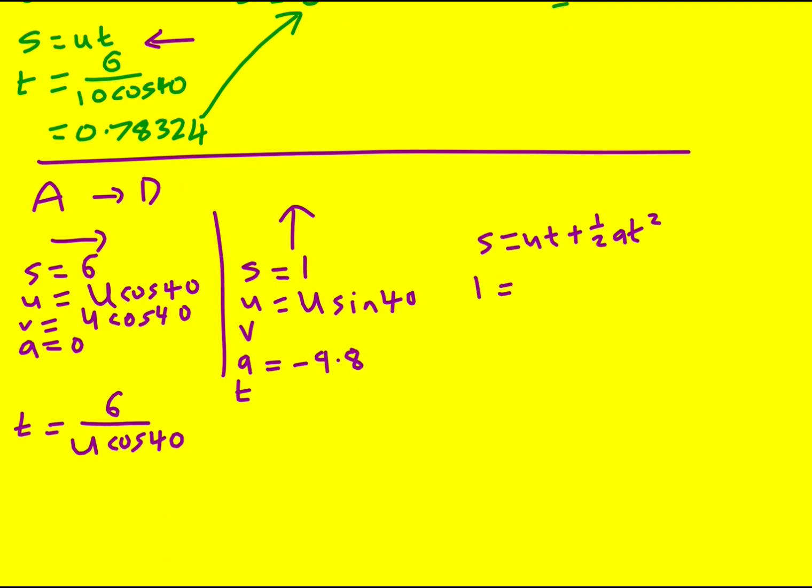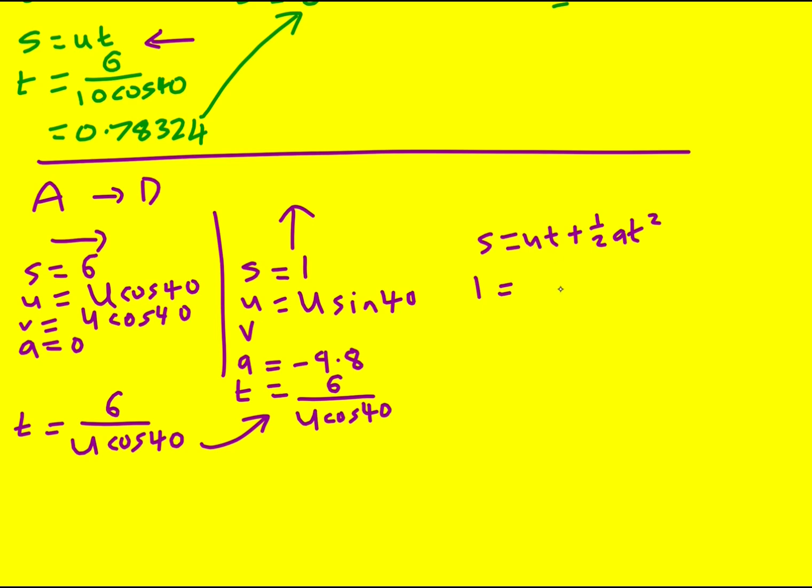1 equals, okay, but here's, oh yeah, sorry, I forgot this bit. We can now use the T from the horizontal part, 6 over U cos 40. So we're combining the two into the single equation.